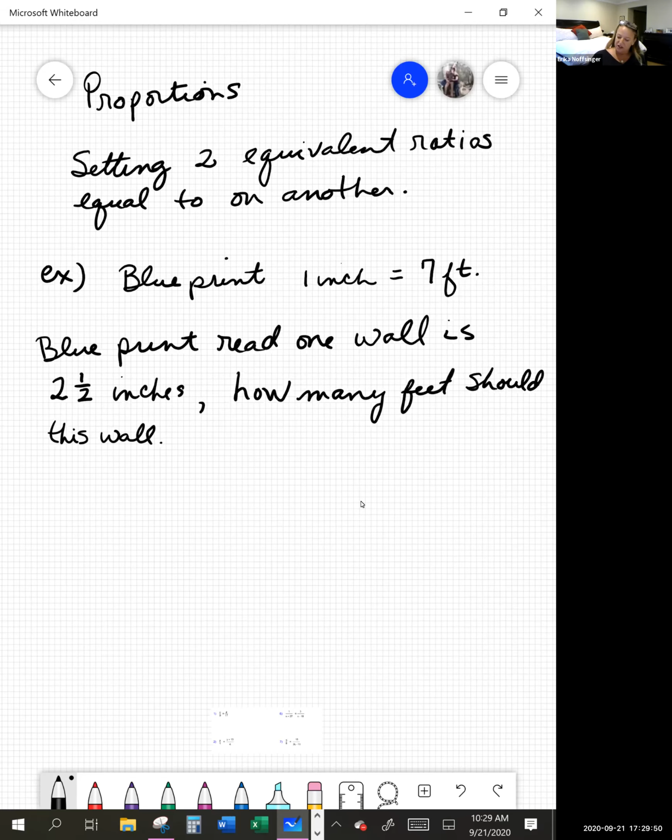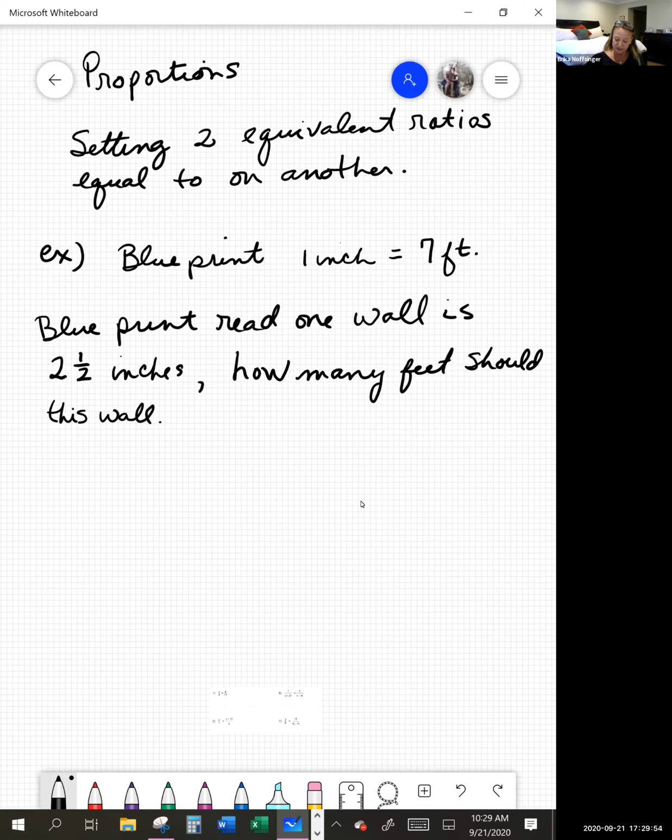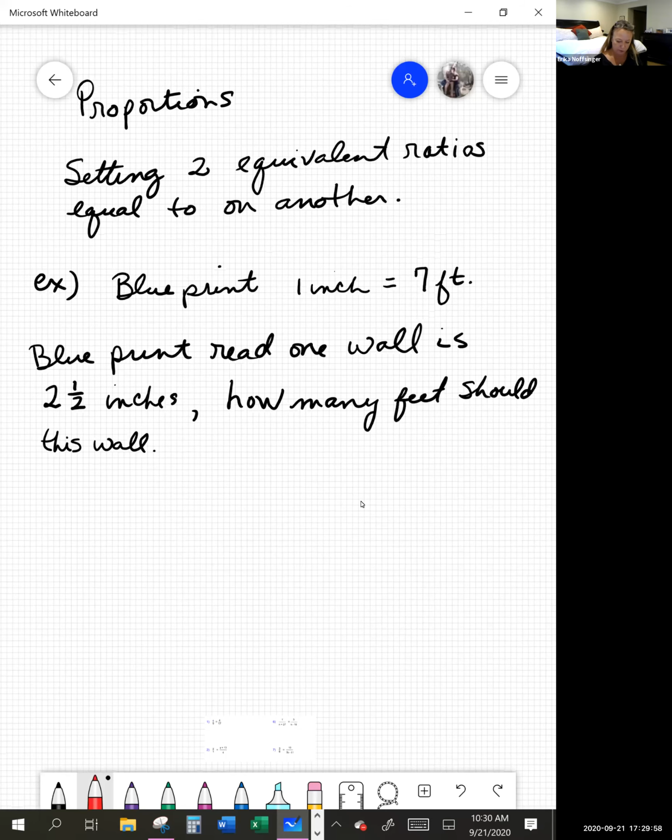Okay, so if we have a blueprint where 1 inch is 7 feet, that's basically a ratio. When we write out this ratio, we know that 1 inch is equivalent to 7 feet.